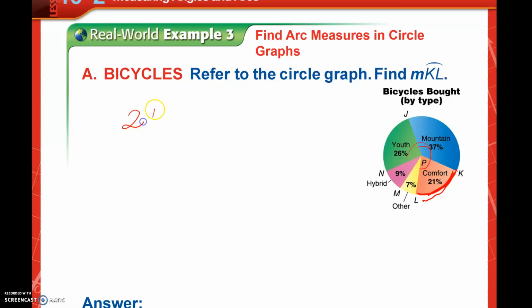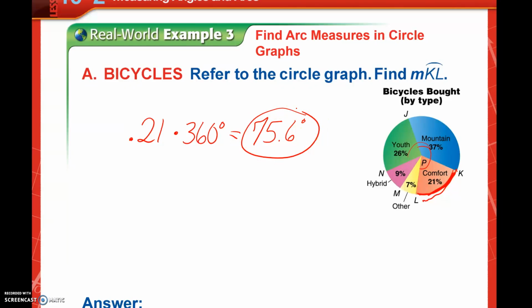So if I find 21%, or 0.21, of 360, that will tell me that arc measure. So 75.6, which is the angle measure and the arc measure.